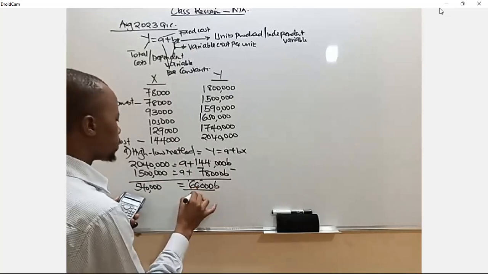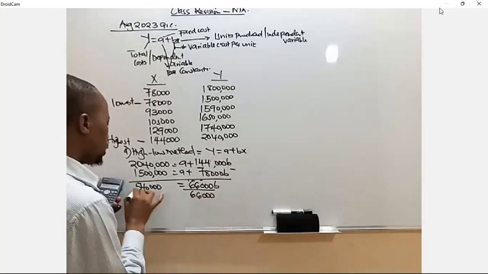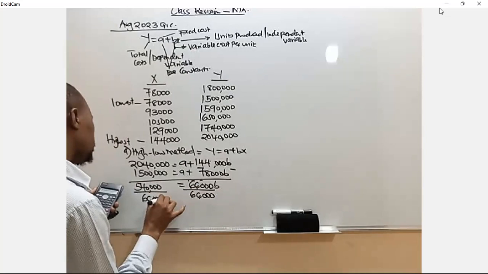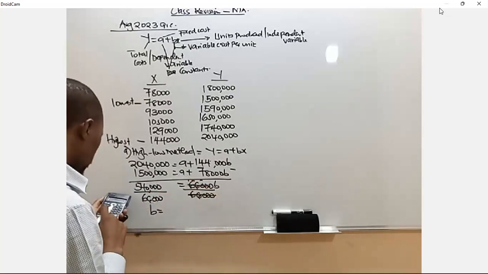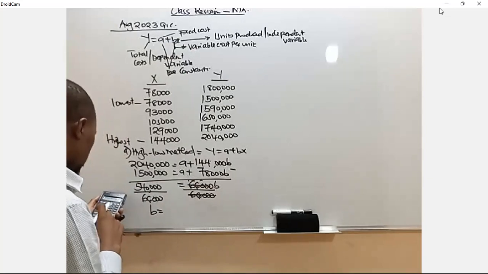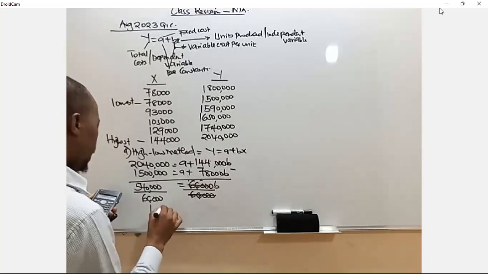When you divide both sides by 66,000, our B should be equal to 540,000 divided by 66,000, which is 8.18.